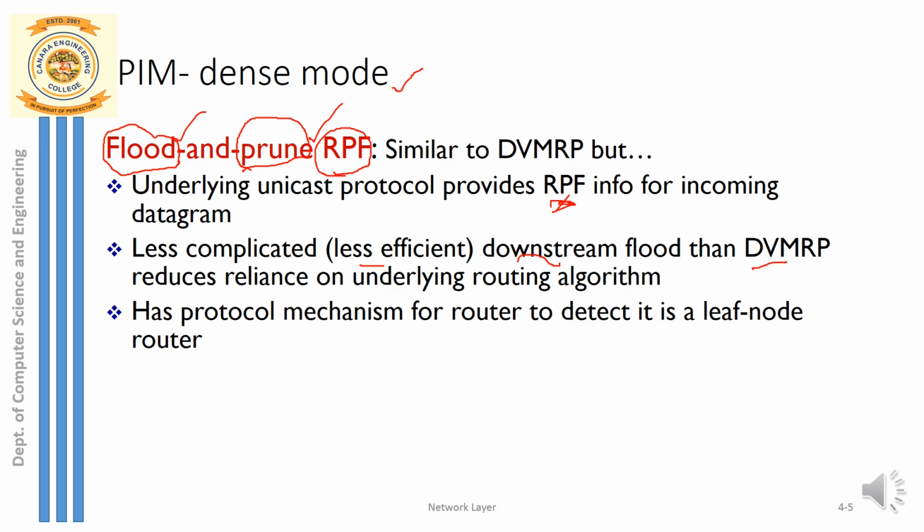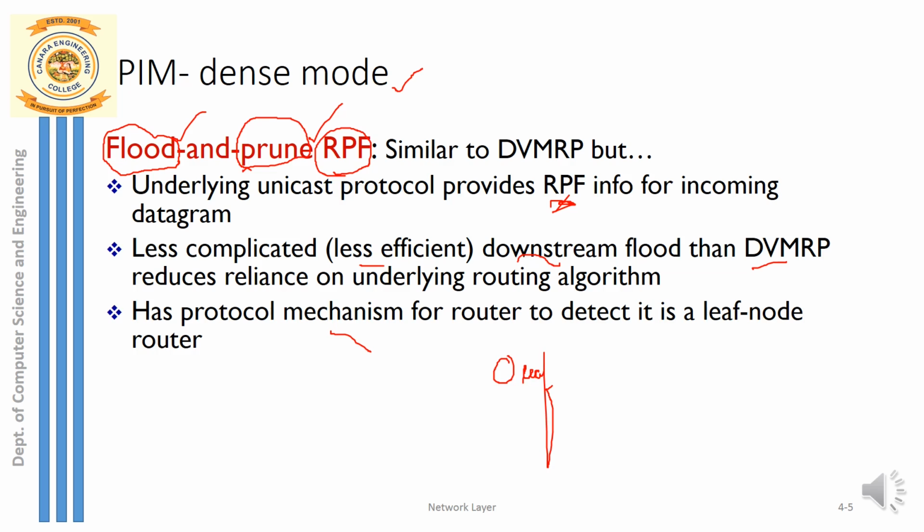Next, we have a protocol mechanism for a router to detect that it is a leaf node router. When do you come to know that it is the last node here? Whenever you reach the last node in the multicasting tree structure, you call it a leaf node, right?